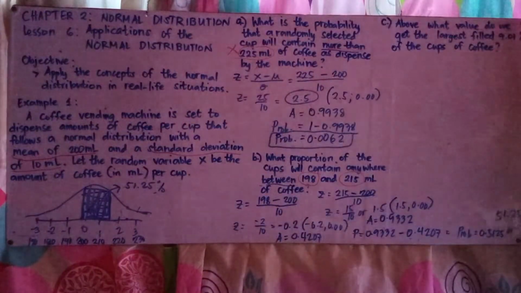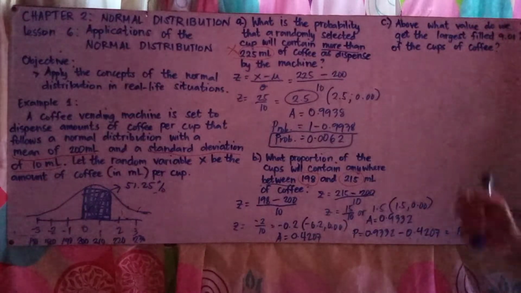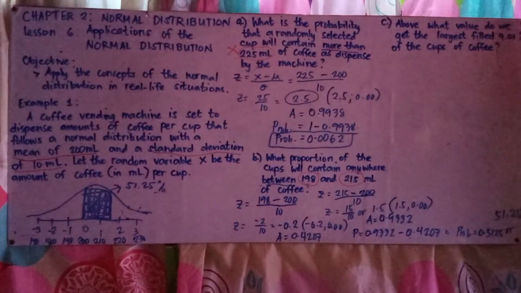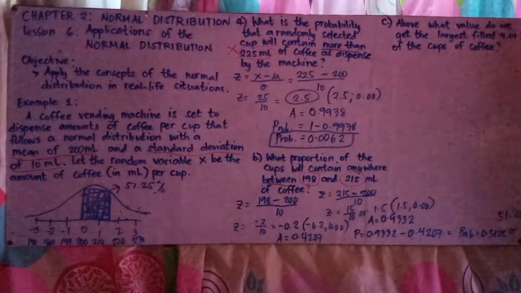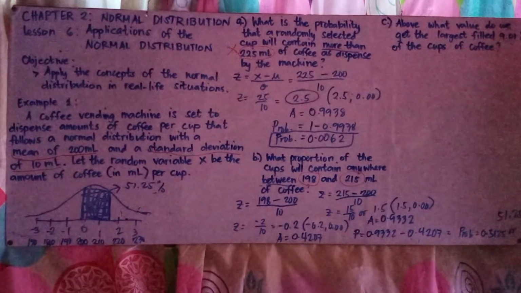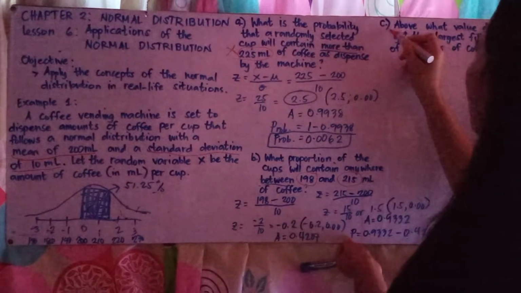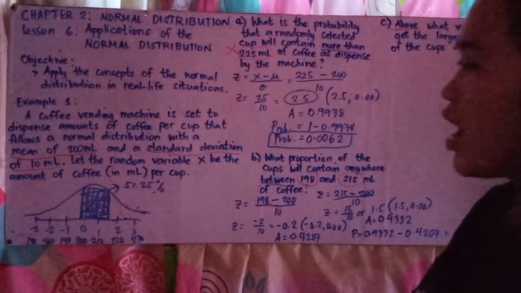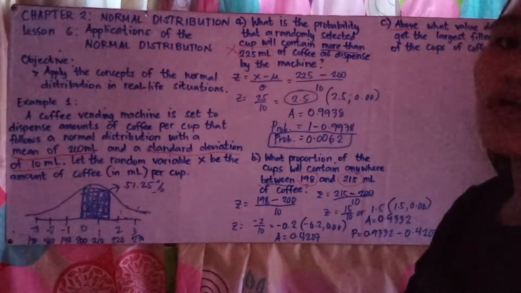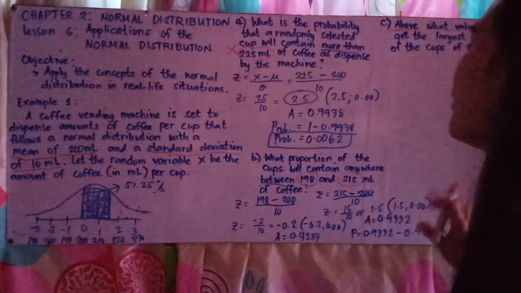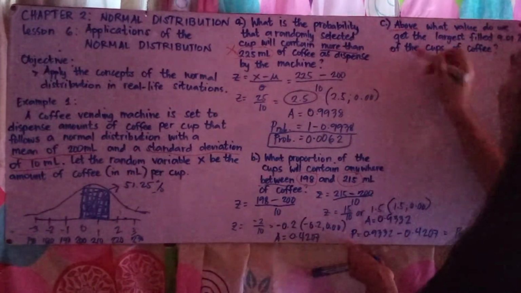Okay, next, letter C. The question: above what value do we get the largest 9.01% of the cups of coffee? Since the given is "above," the shaded portion goes to the right. Whenever the shaded portion goes to the right, you will use 1 minus.